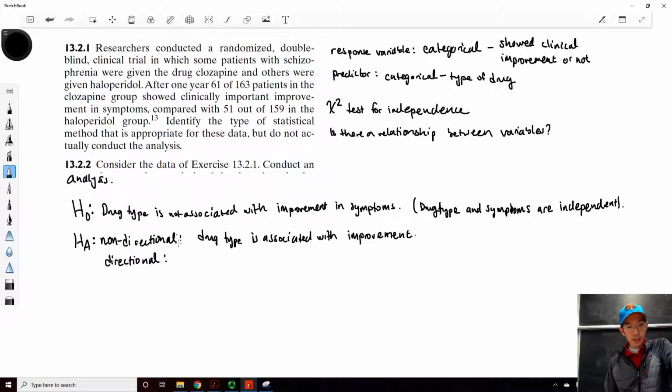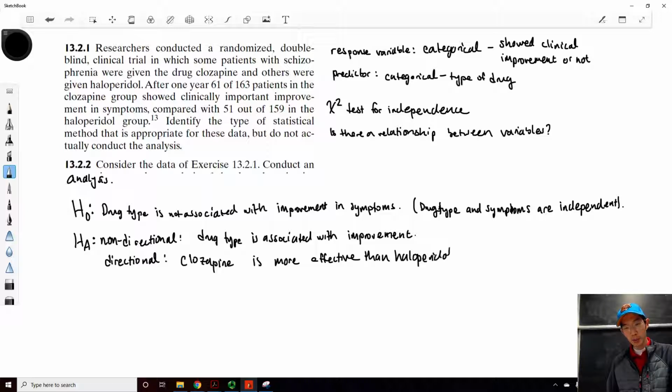Yeah, so we would say clozapine patients, maybe, I don't know, clozapine is more effective than haloperidol, or vice versa or something.